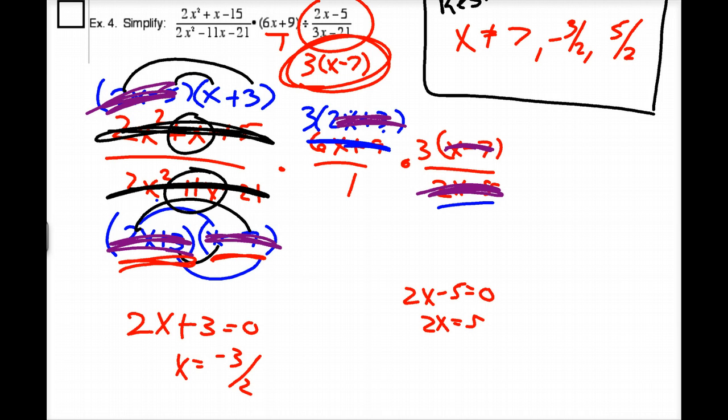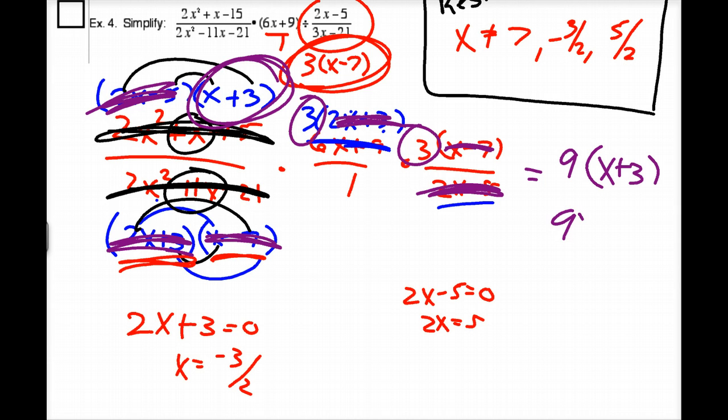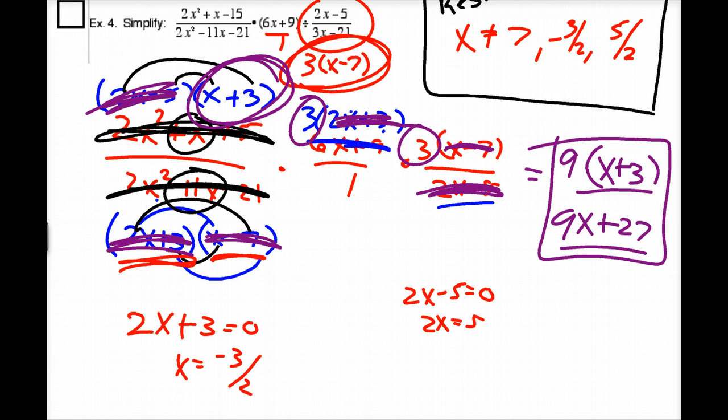Well, nothing on the bottom. Everything canceled except for the 1. On the top, I got x plus 3, I got 3 and 3. So I'm going to multiply those together, and that would give me 9. 3 times 3 is 9. I put these together. And then this was left. And you can leave it in factored form, or if you want to turn it into 9x plus 27, either one of those are good answers.